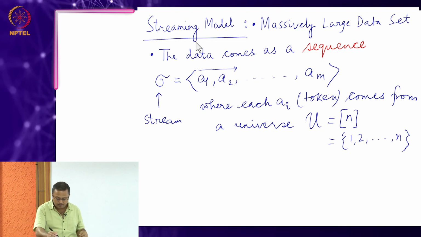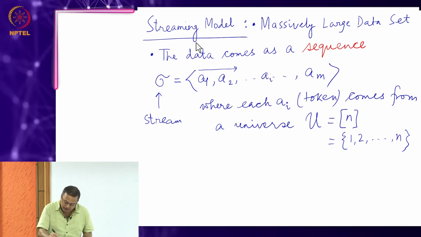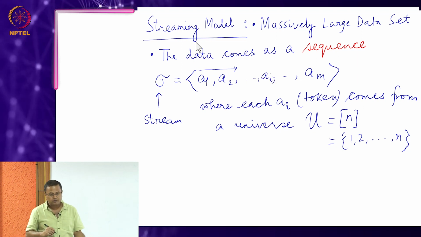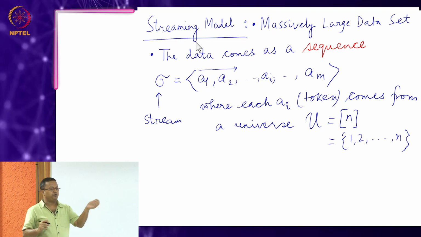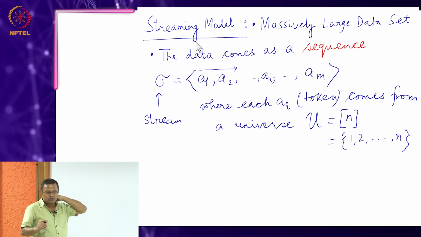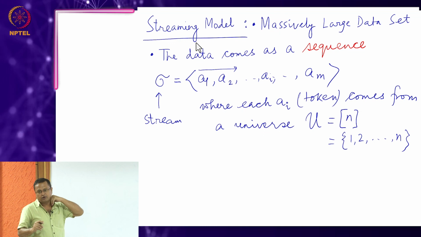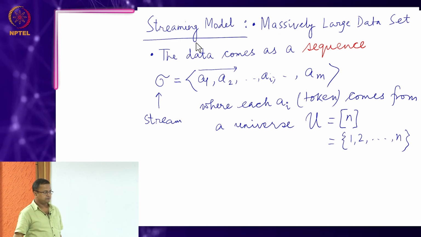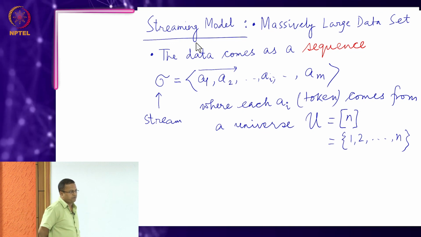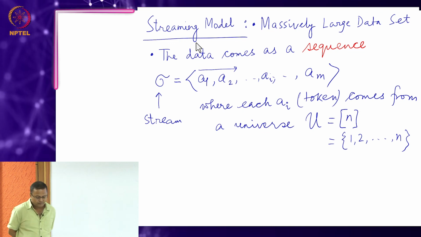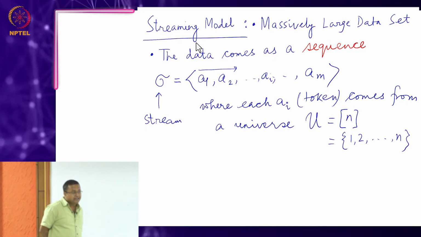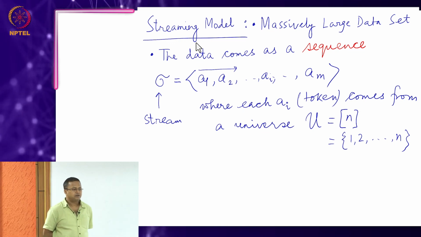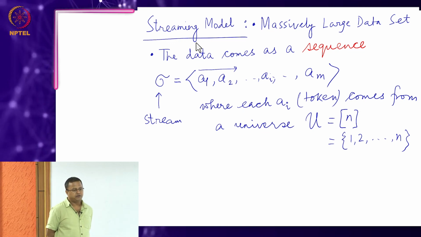and each element in this string takes a value between 1 to n. That is the universe in which each token belongs. Fine. Now, reading this data in the sequence actually makes your life very difficult.